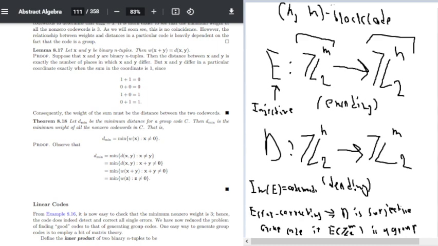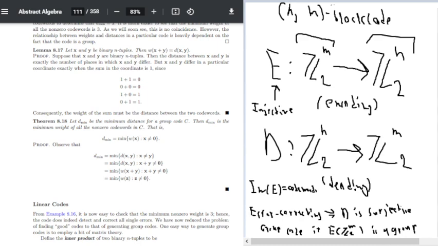Theorem 8.18. Let d-min be the minimum distance for a group code C. Then d-min is the minimum weight of all the non-zero code words in C. That is, d-min is equal to the minimum of w(x) with x not equal to 0. Proof.